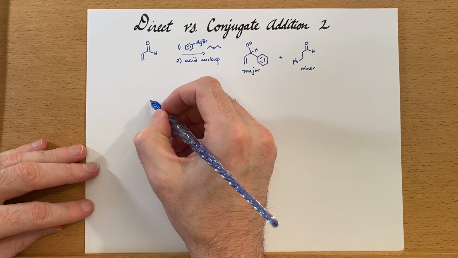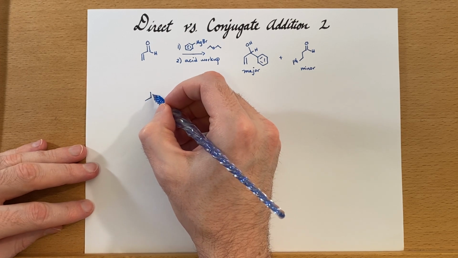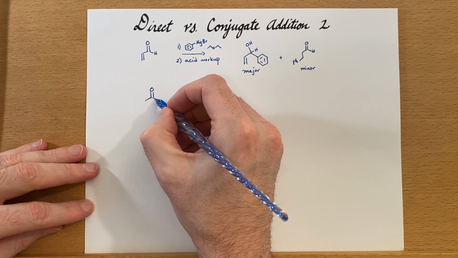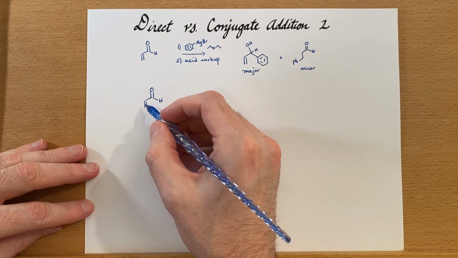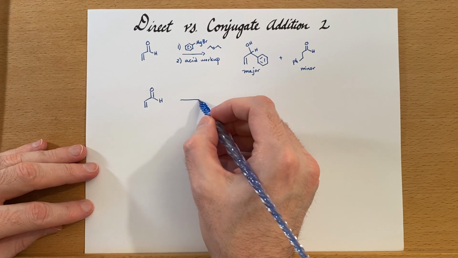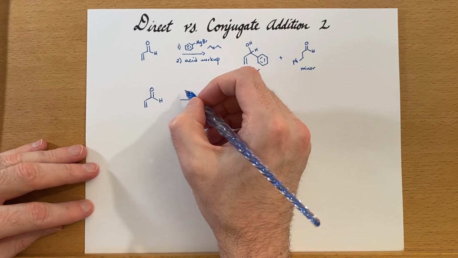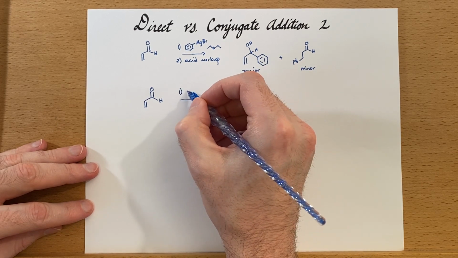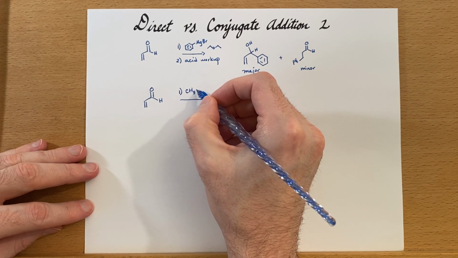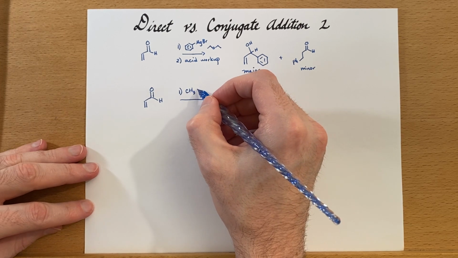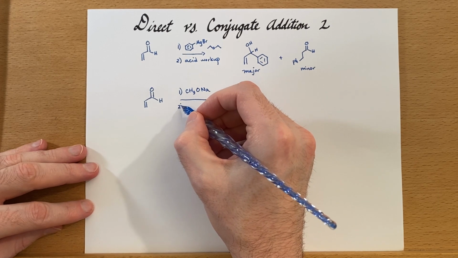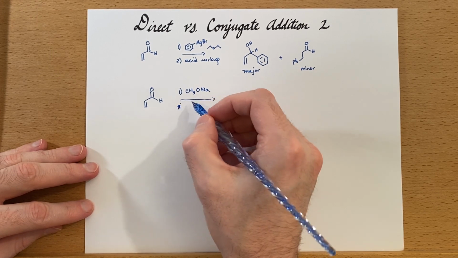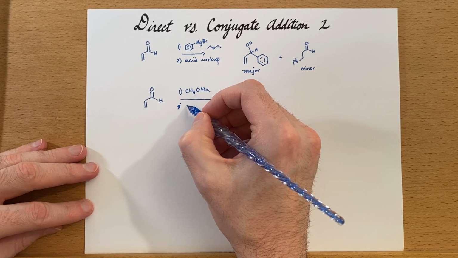Now, if instead we change to a little bit weaker nucleophile, using our same substrate here, and let's just go with an alkoxide, say sodium methoxide. Oh, I don't need an acid workup in this case because I'll just run this in methanol.